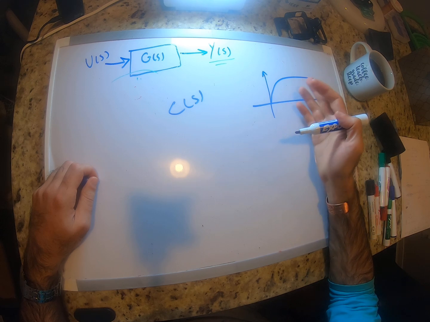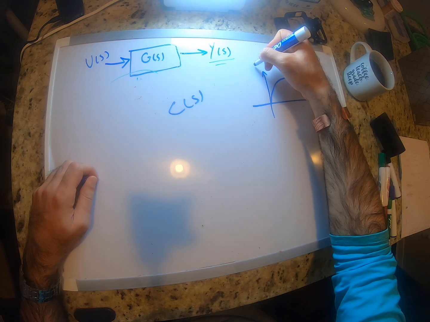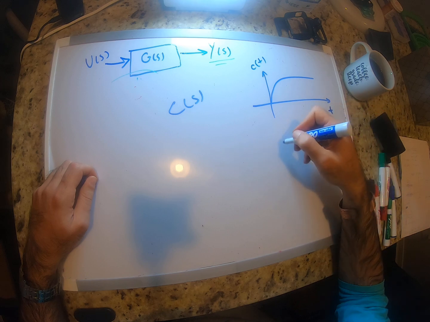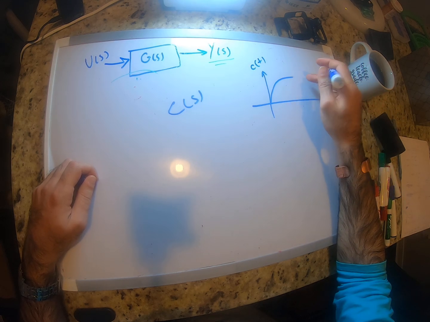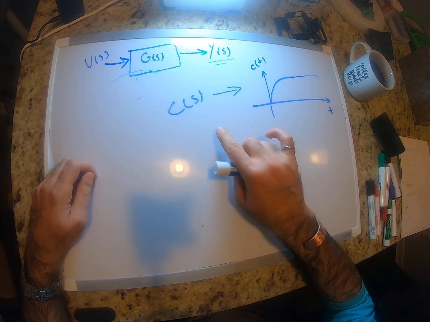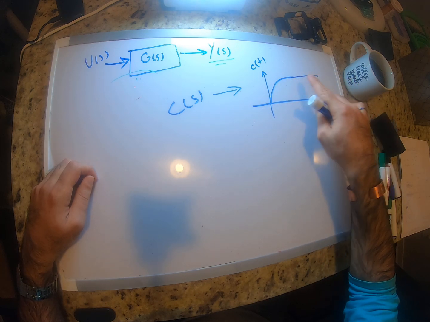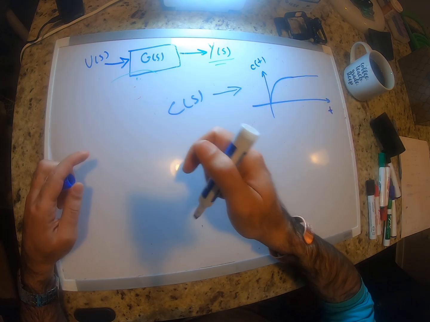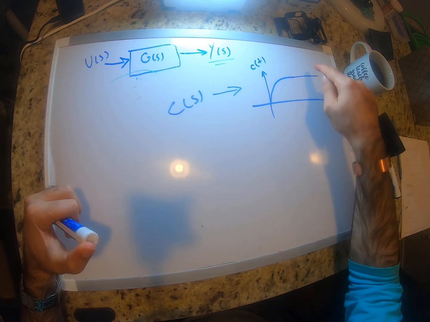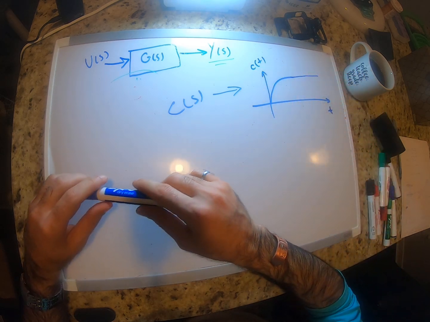This is a marginally stable response. So c of t is going to look like this. Let's assume this is the signal we have. It just has one pole, and it has this marginally stable response. Why is it marginally stable? Because it doesn't go to 0, it doesn't go to infinity, it just gets stabilized at a certain point.